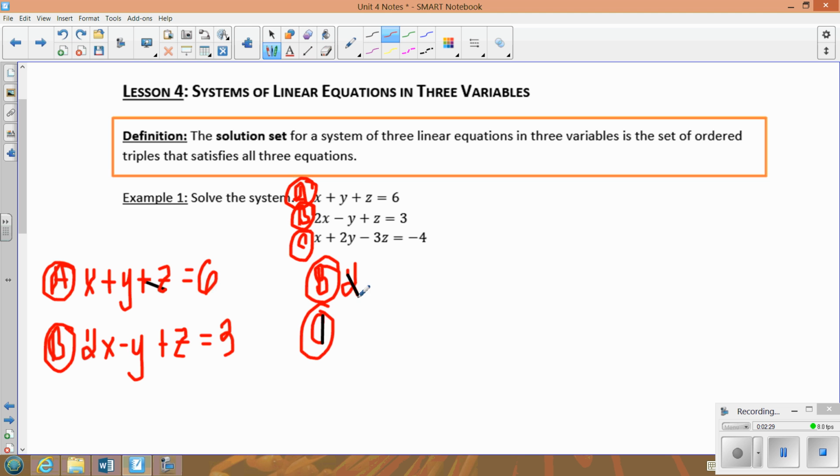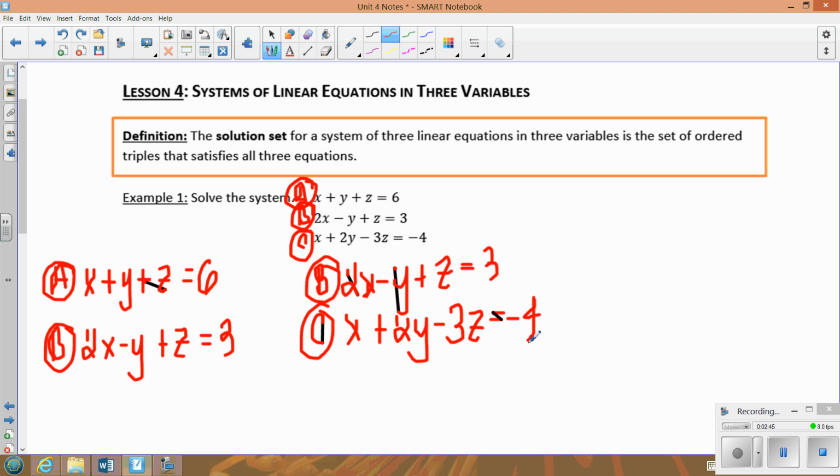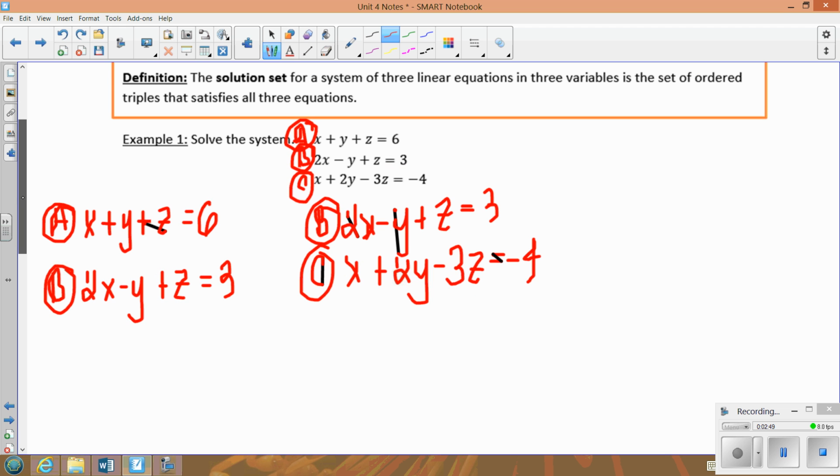So let me just write B and C down. I'm just copying these down first. So let's look at some variables that would be easy to eliminate.